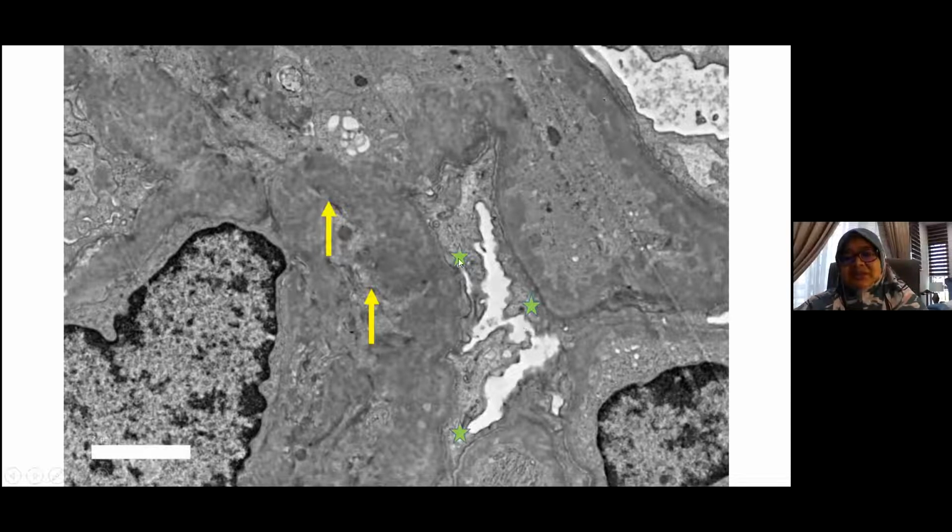So this is again the foot processes which are effaced. Okay, can you see the tooth-like projections going down inwardly towards the lumen? All these are the electron dense deposits within the subendothelium. And these are depositions that we can see within the mesangium as well.